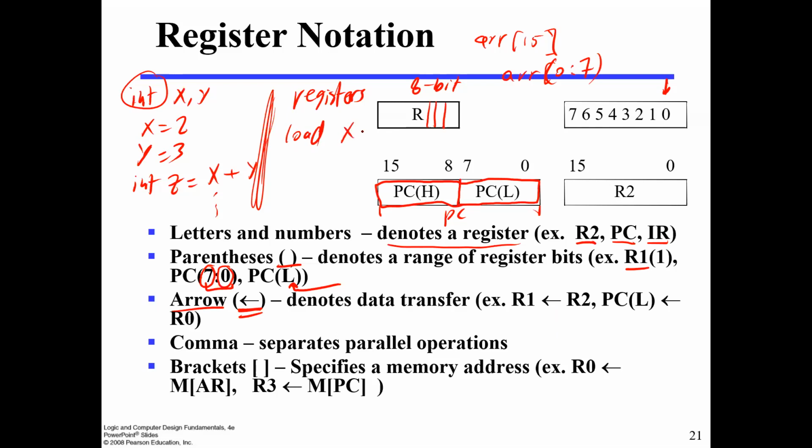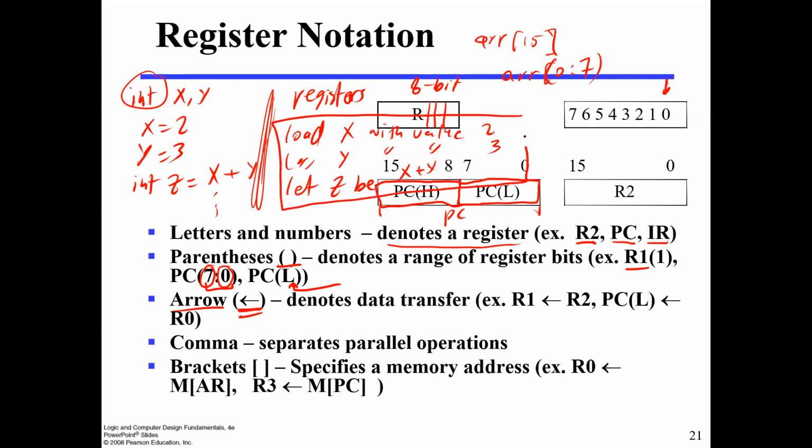I will say load x with value 2, load y with value 3, let z be x plus y, for example. This is the algorithm. It's a text description of your program.